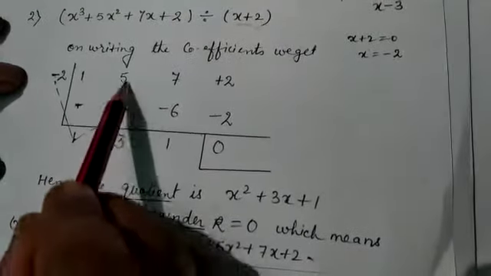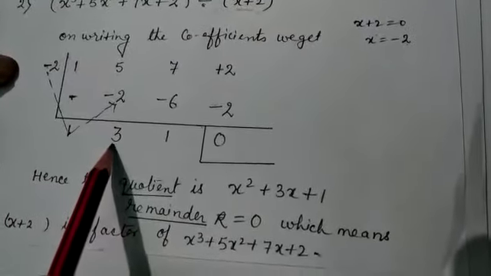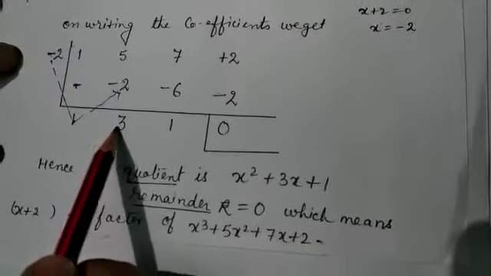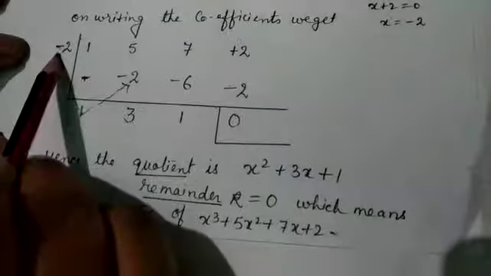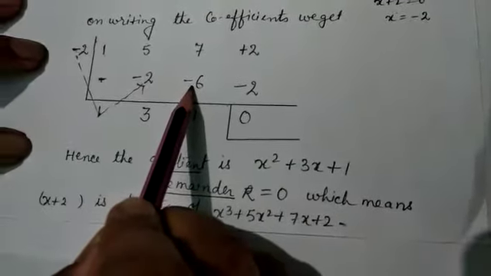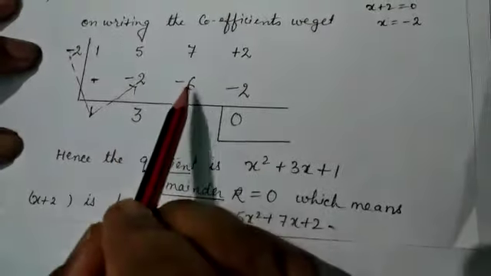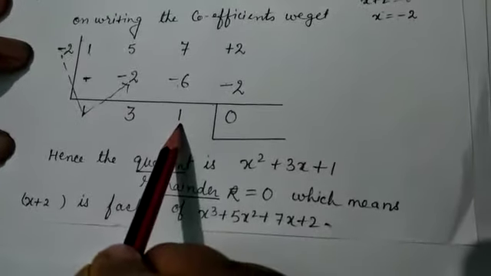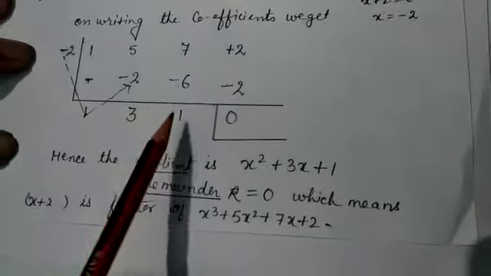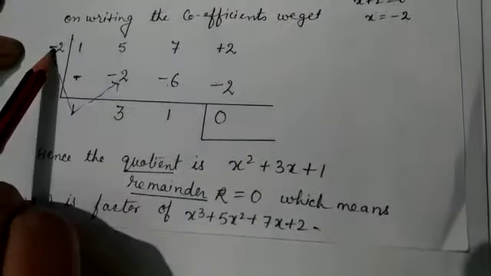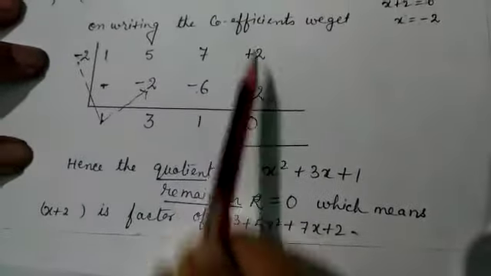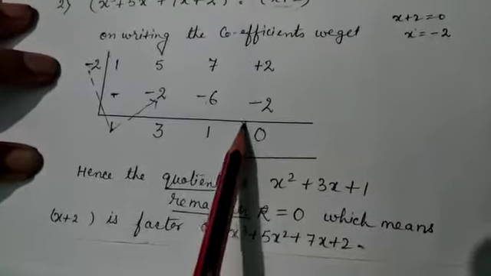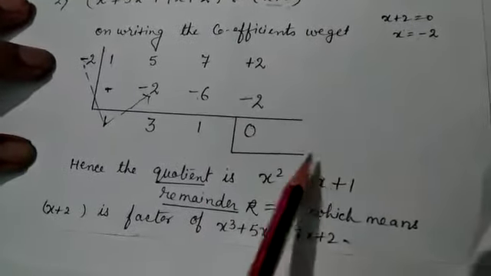And on adding these two, we will get 3. Again with 3, we will multiply minus 2. 3 into minus 2 is minus 6. And on adding 7 and minus 6, we'll get 1. Again this 1 will be multiplied with minus 2, and here we'll get minus 2. And minus 2 plus 2 will become 0. So here 0 is the remainder.